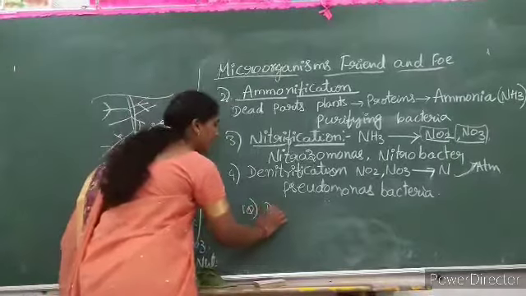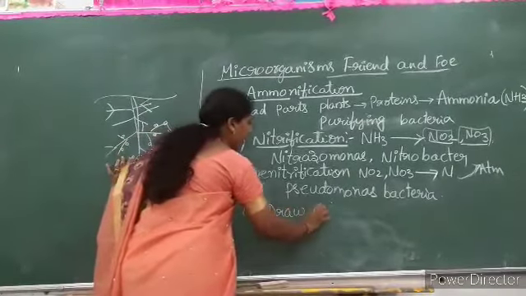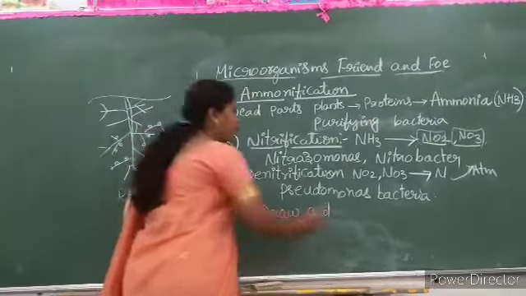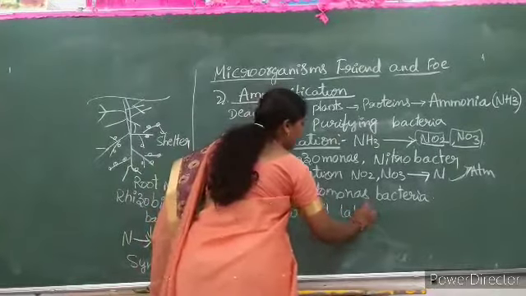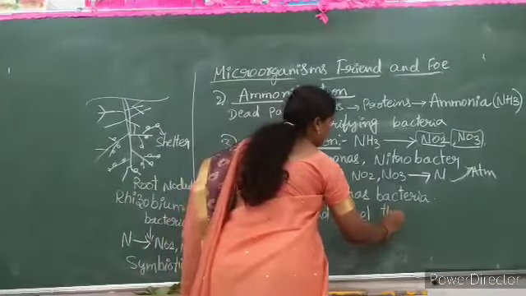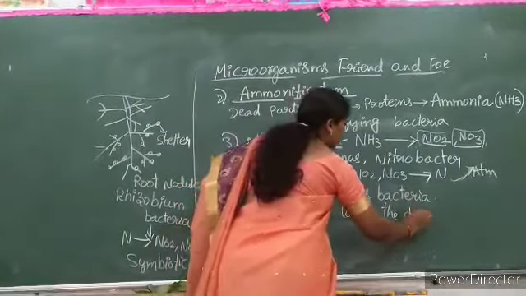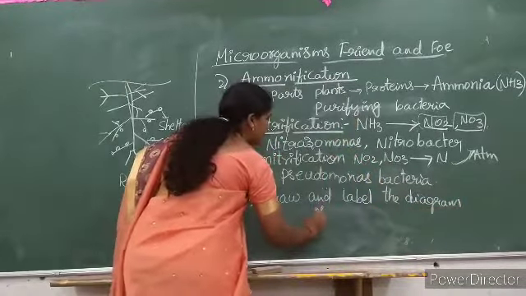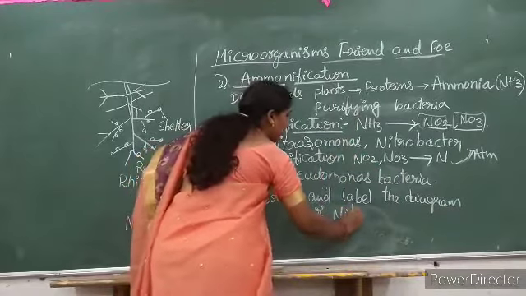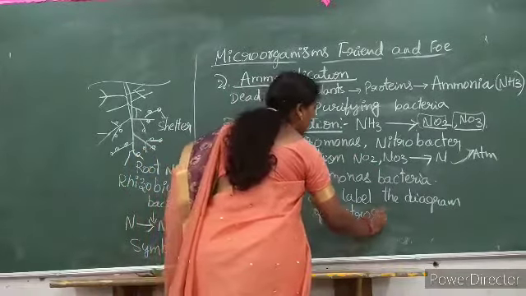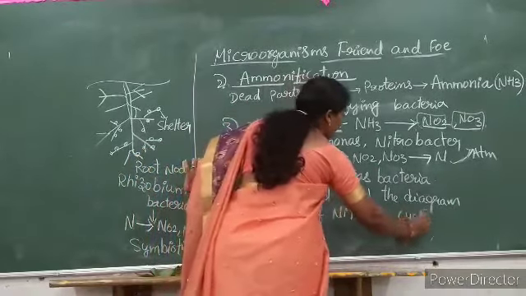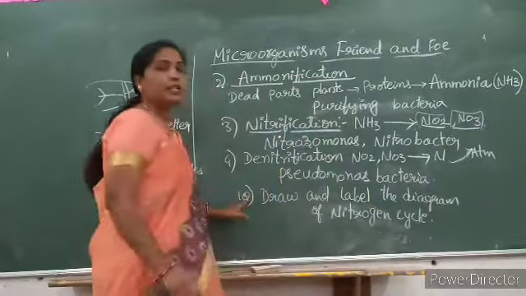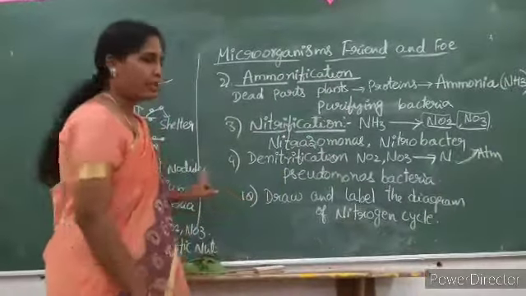Nitrogen cycle diagram: draw and label the diagram of the nitrogen cycle. This is given in your textbook, children. Understand every step nicely and draw it.